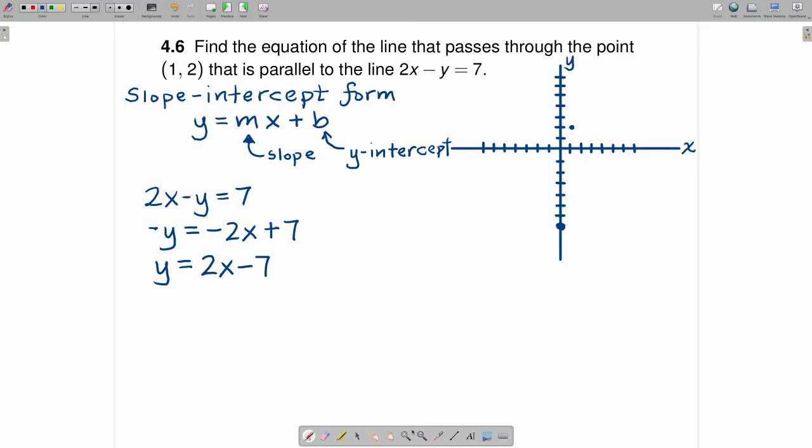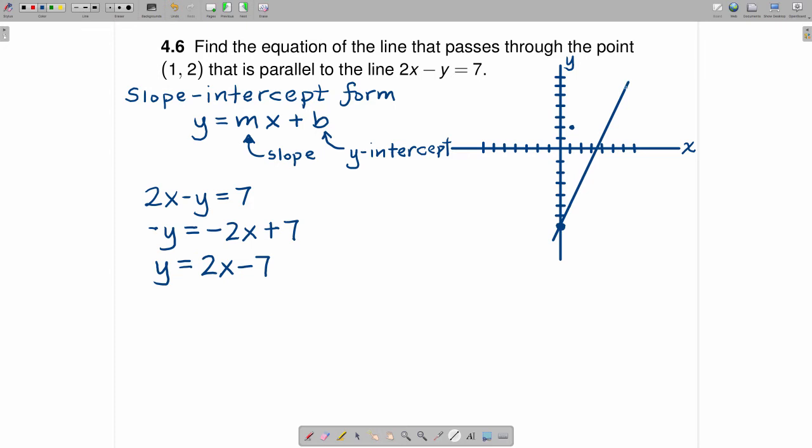So now that we have the y-intercept, we know that the slope in this case is equal to 2, and that says the line will rise 2 for every 1 unit that it runs. So it will pass through this point as well. And from those two, you can draw the line. It's going to pass through the y-intercept and also run off in about this direction right here.